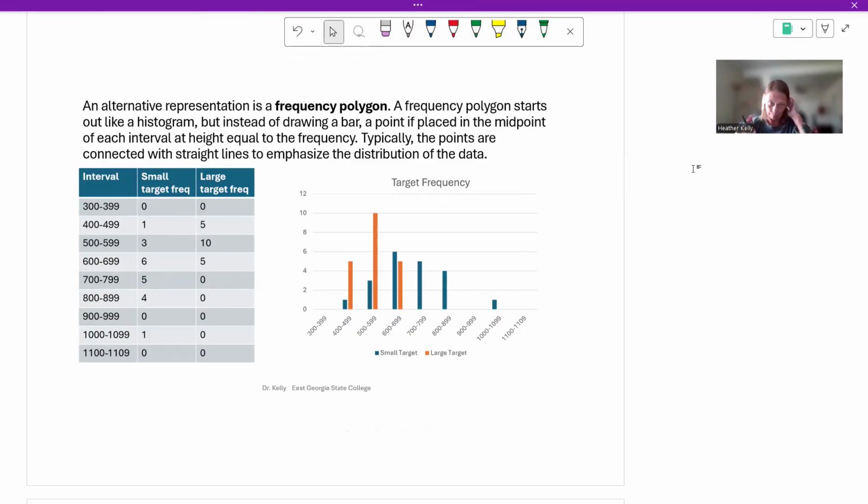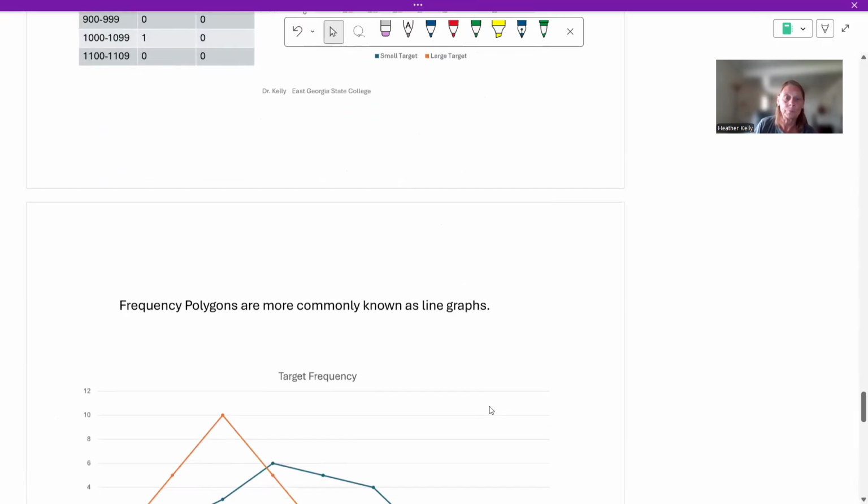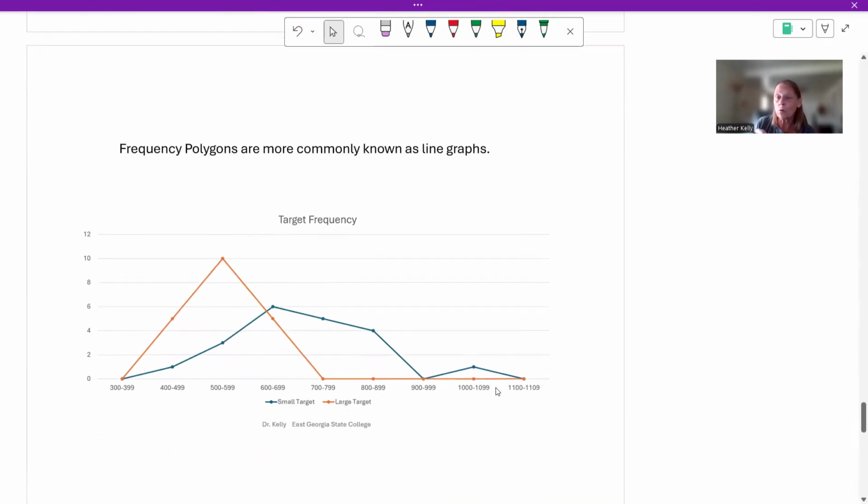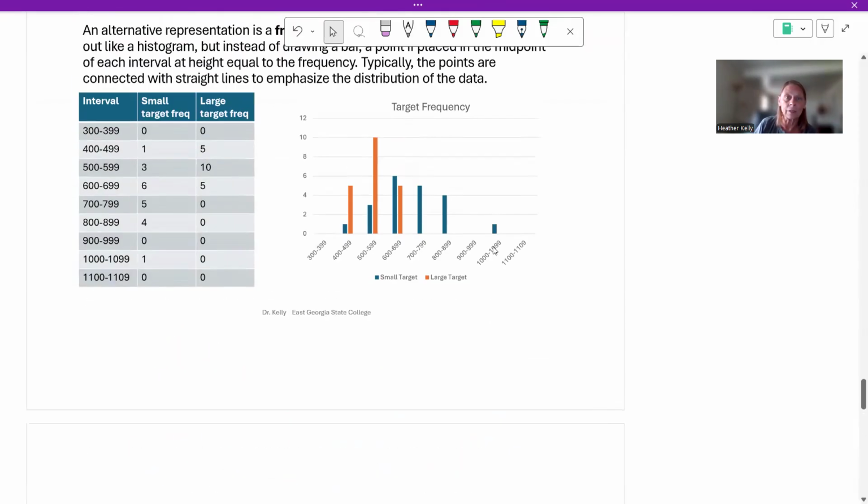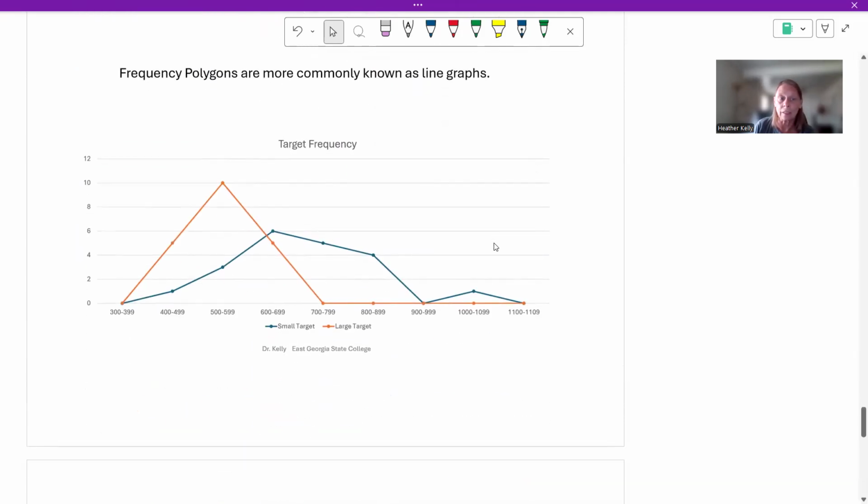And you can see that we have frequency tables, we have the ranges of the intervals, and we have a bar graph. Frequency polygons are also known as line graphs, and this is also me taking this data up here and doing it as a line graph. I won't be asking you to do anything but making histograms, but it's important for you to understand how to read all of these things.